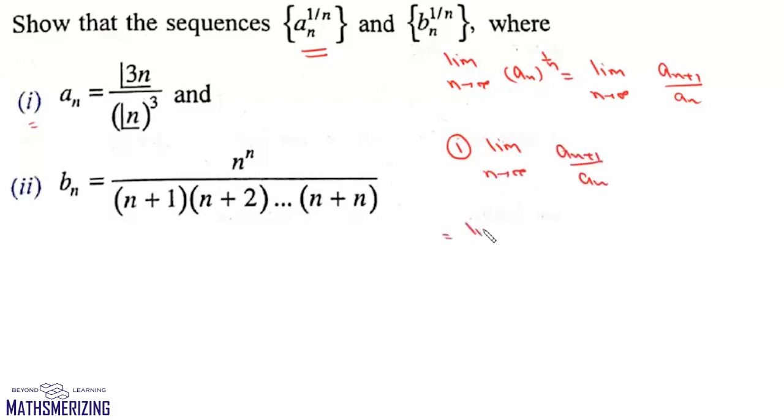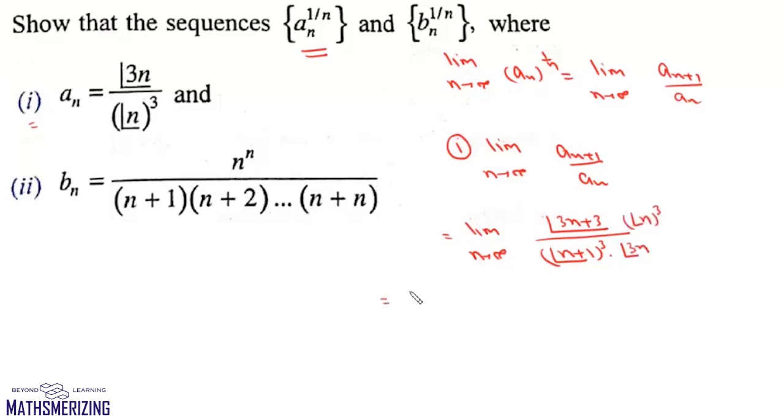Now limit n tends to infinite, what's an plus 1? An plus 1 will be factorial 3n plus 3 upon factorial n plus 1 cube, upon an, and an is factorial 3n, and here will be factorial n cube.